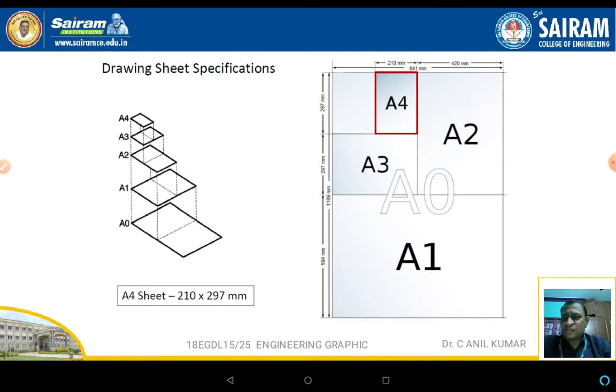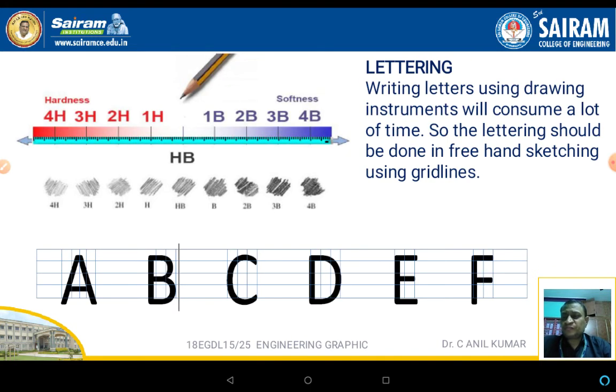A3 twice is A2. A2 twice is A1. A1 twice is A0. Like that, the shape and size of the sheets vary from A0 to A4. A4 is the smallest and A0 is the largest.